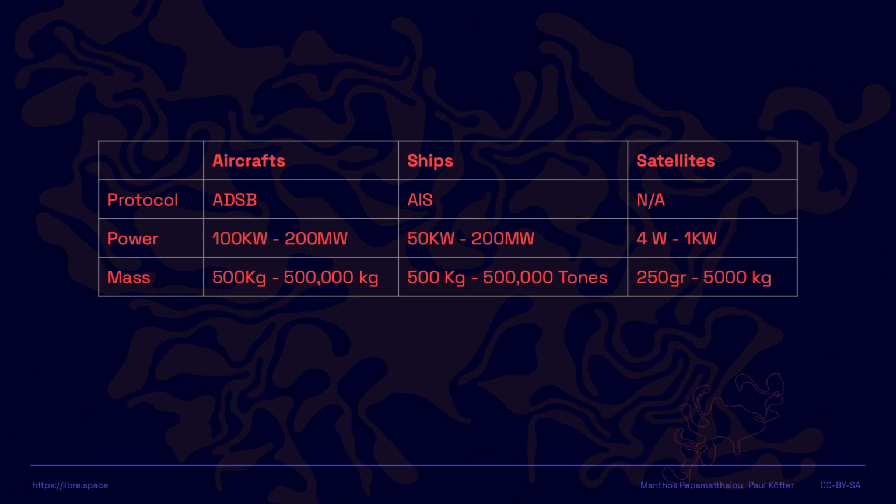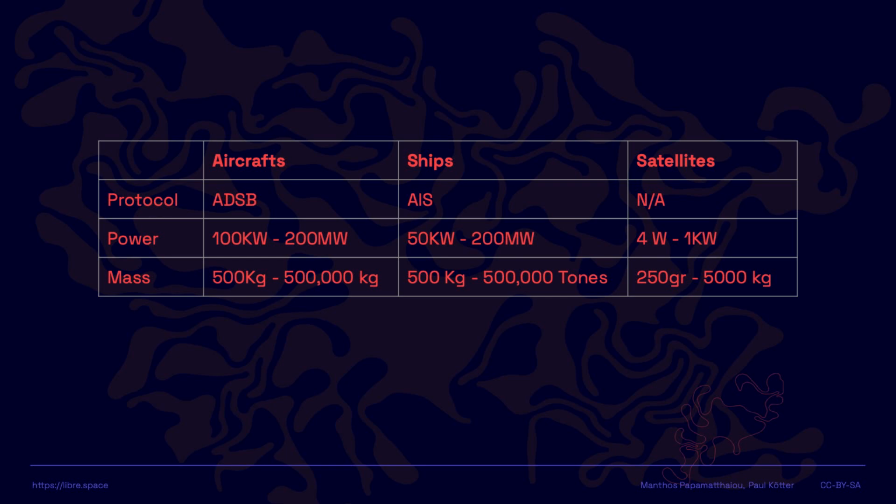For satellites, there is no such thing. You can send a satellite without any beacon, without anything, and the only way to find the position of the satellite is to have a huge radar that can locate the satellites, but not identify them, just locate them. One of the biggest challenges is power: ships and aircraft have orders of magnitude more power than satellites.